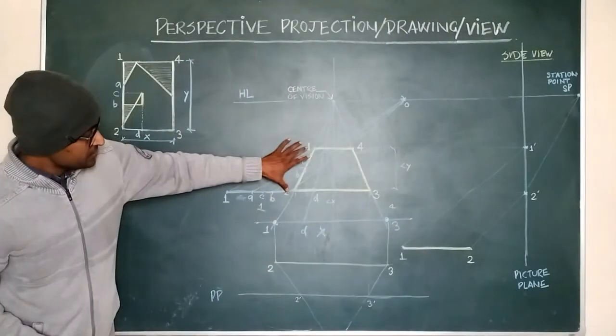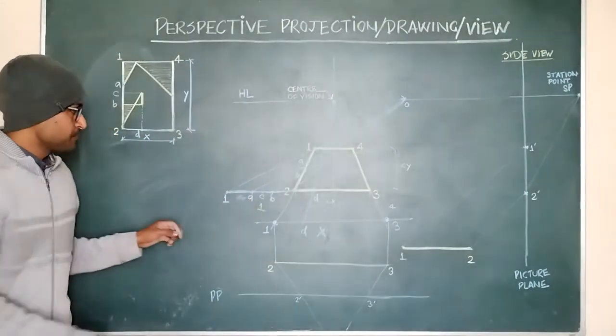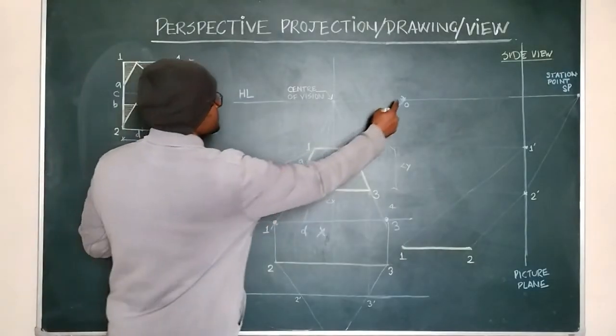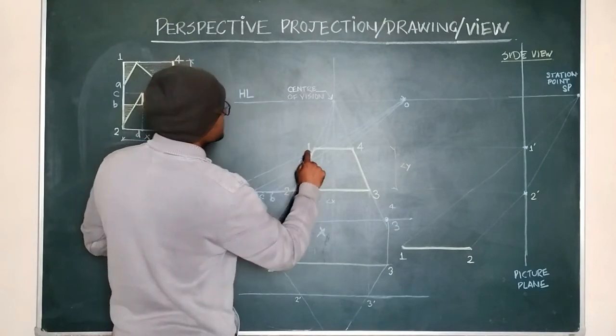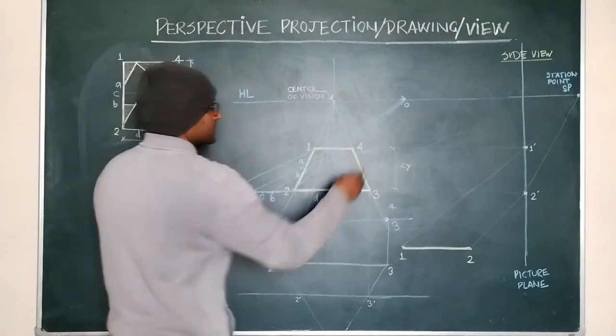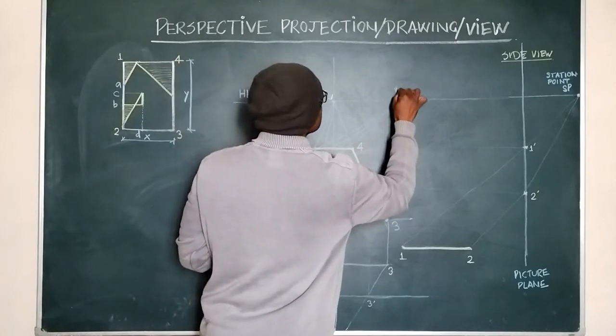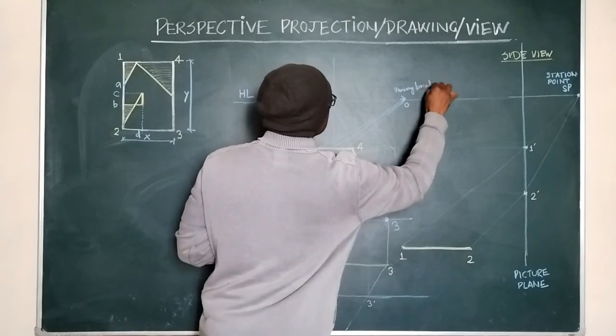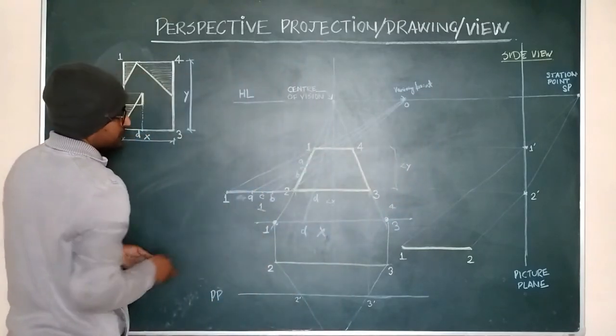So for this line we need to draw true length. We can draw point 1, from point 1 to point 1 we can join it and extend it. It will cut somewhere at the horizon line, and that will be termed as again a vanishing point. Vanishing point for this line.